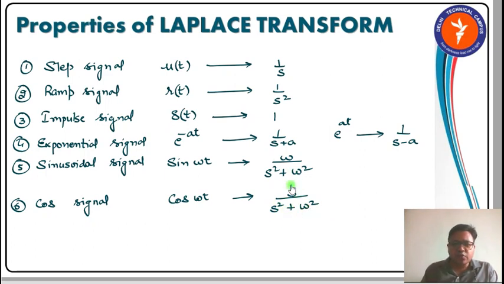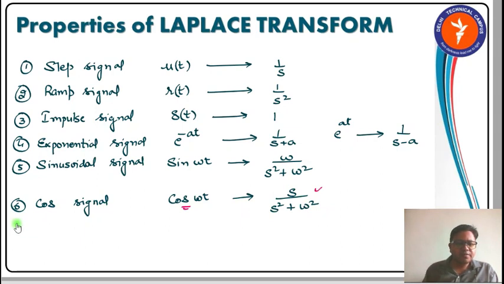The difference between the two formulas is the presence of omega or the presence of s. So I remember it this way: if any trigonometric function ends with s, then it will have s in the numerator. If it does not end with s, it will not have s in the numerator. You can choose your own way.